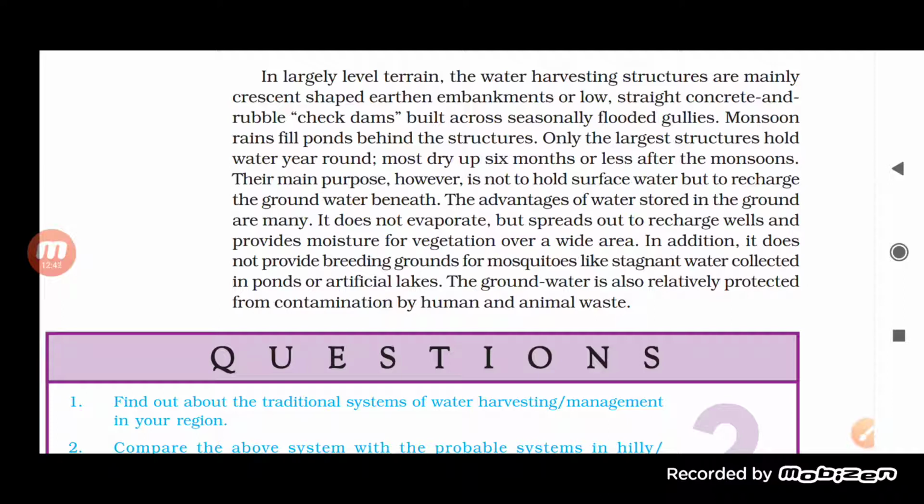Yes, if it is surface water, there will be more chances of contamination. But if it is groundwater, there will be no such chances of contamination. Okay, so all these points show how groundwater is much better than surface water, and why we must harvest water in order to recharge the groundwater.